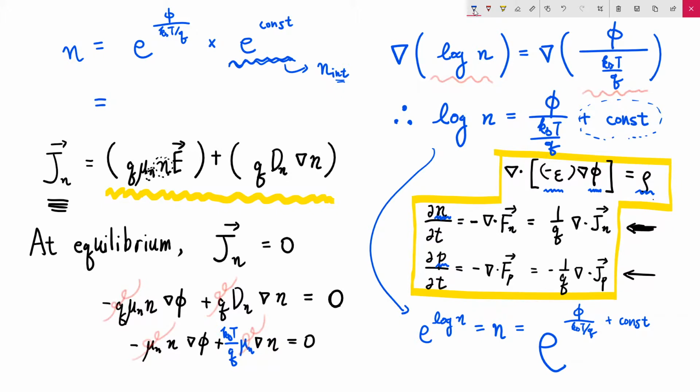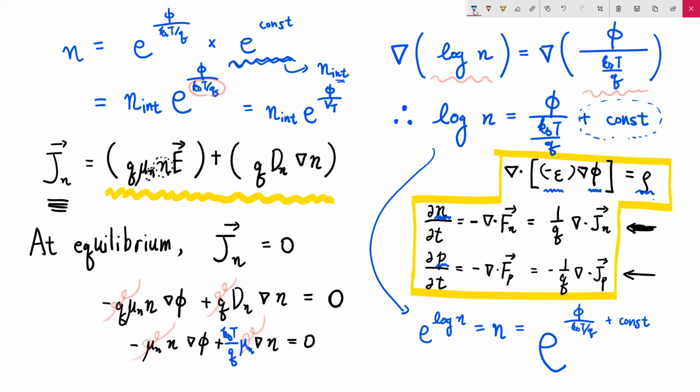So anyway, following this relation, we will have this form. n is proportional to the intrinsic carrier density and the exponential of phi over kBT over q. You know that usually this is called, once again, the thermal voltage. So if we write the thermal voltage as V sub t, then we will have n sub int times exponential phi over V t.